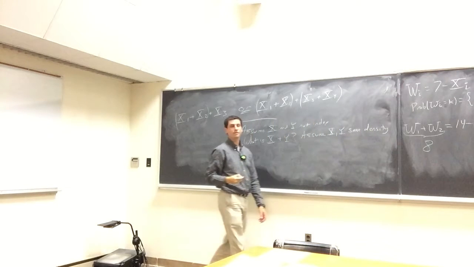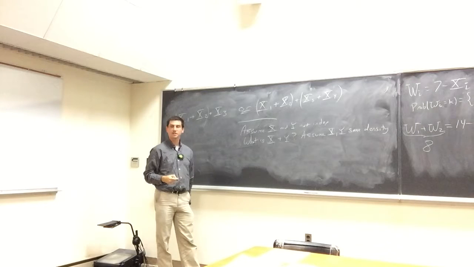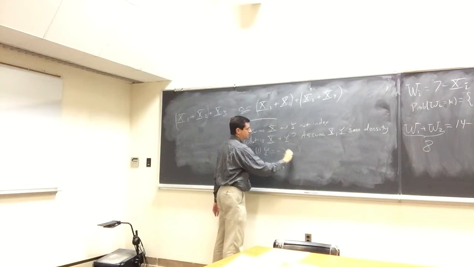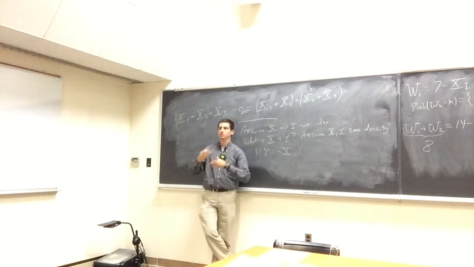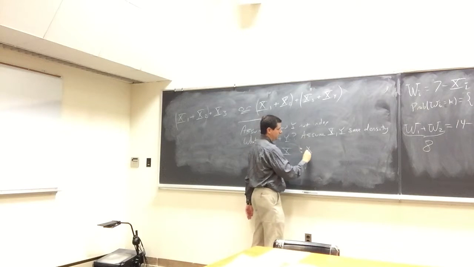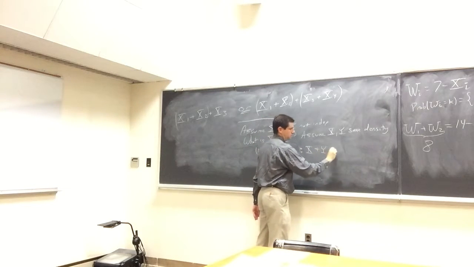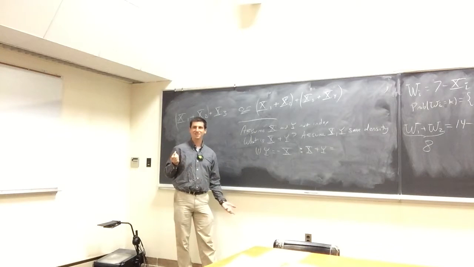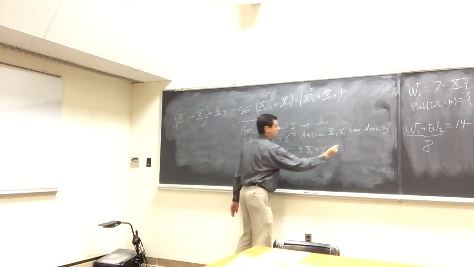So if I assume x and y have the same density, this is sadly not enough to understand x plus y. One possibility is maybe y equals negative x, and I have some random variable that's symmetric. So the probability I take on the value of 5 is the same as the probability I take on the value negative 5. In this case, what would x plus y be? It would just be 0.